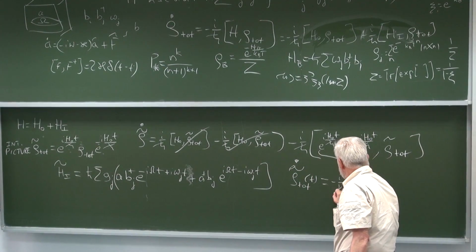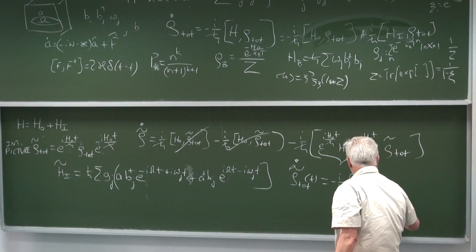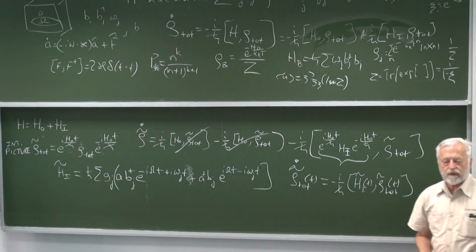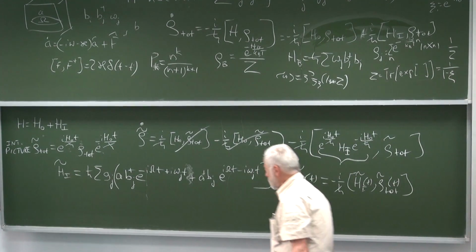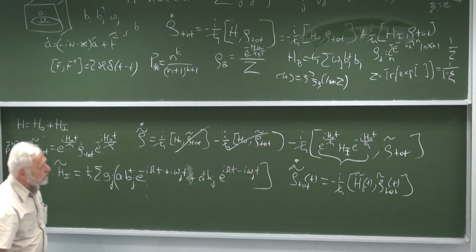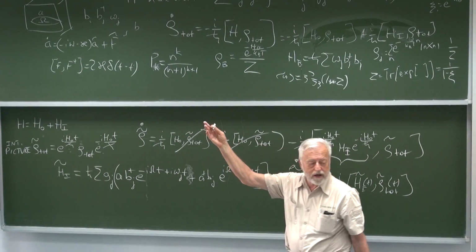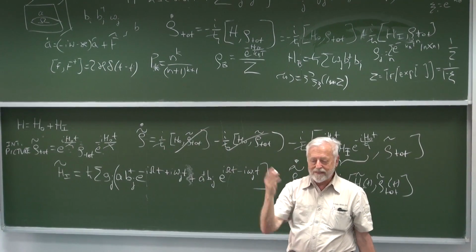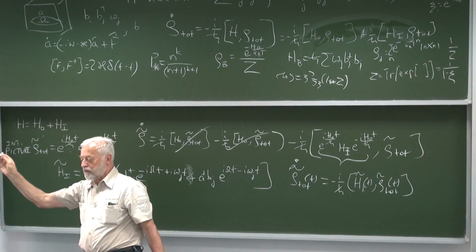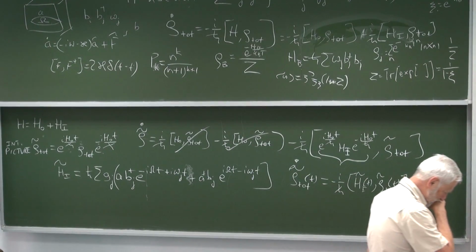So it's minus i over h bar, H_I of t, rho total of t. So, as I say, it is calling for the use of the interaction picture, of the perturbation theory, just because we imagine that our cavity is pretty good. It oscillates like crazy, and once in a while, maybe once every million oscillations, a photon pops up, which means that indeed this is a weak interaction.